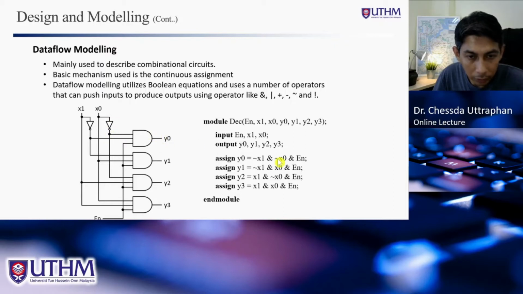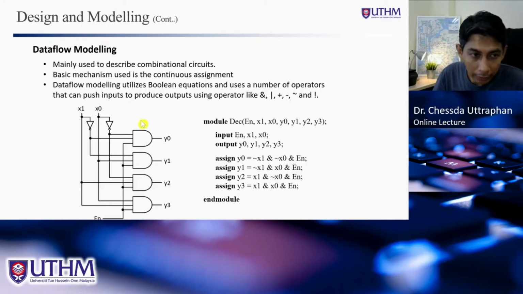So here we use assign y0 equal to not x1 and not x0 and en. We get y0. And y1 is not x1, x0 and en, and y2, y3, and so on. So this will be data flow modeling.